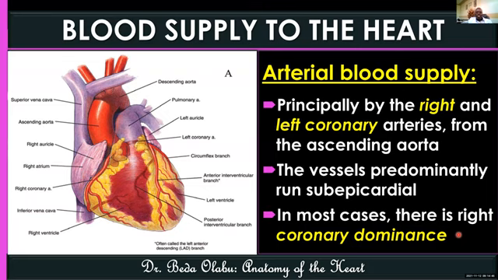Coronary dominance refers to the coronary artery that supplies most of the cardiac conduction tissues. In most cases, we have a right coronary dominance. In a few cases, you may have a left coronary dominance. And in even fewer cases, you may have coronary codominance, which means both arteries supply the conduction tissues almost equally.